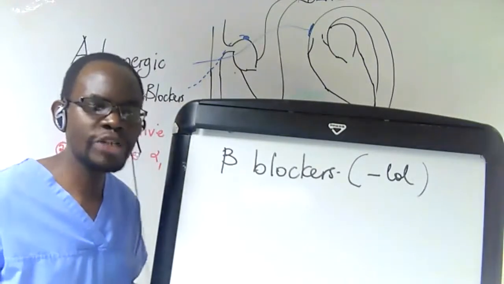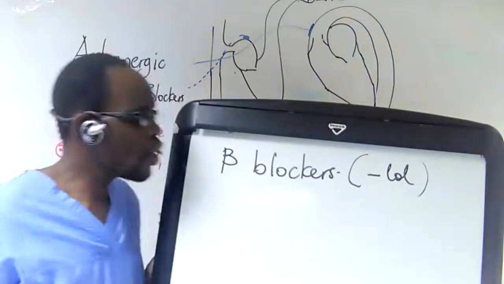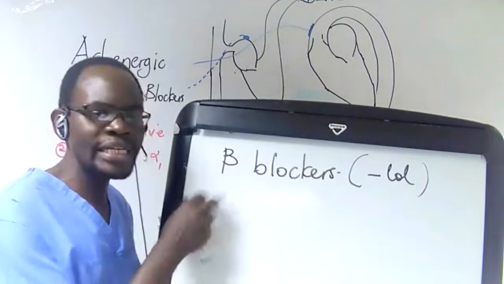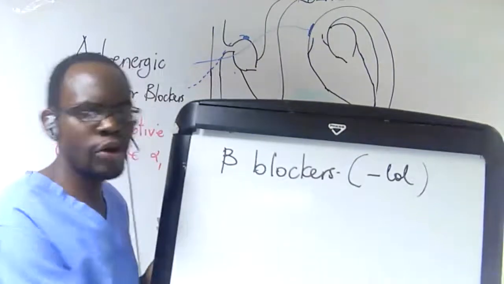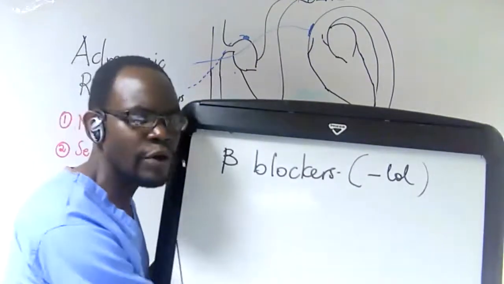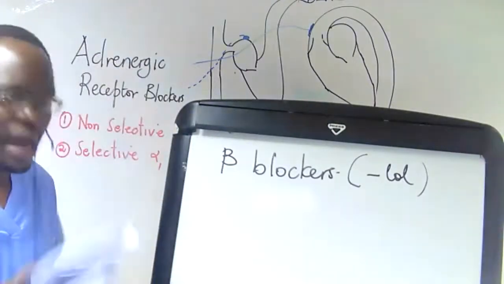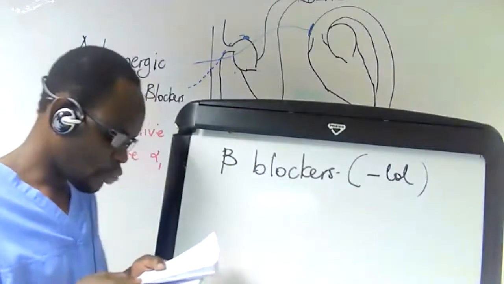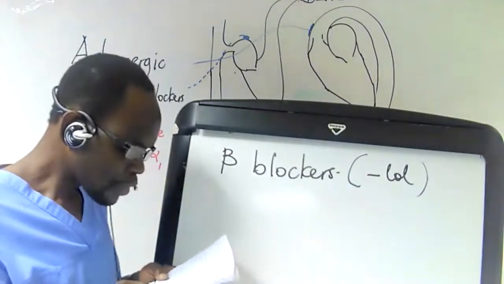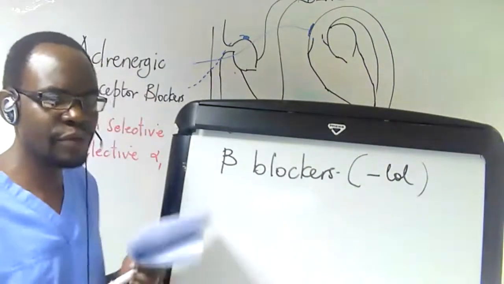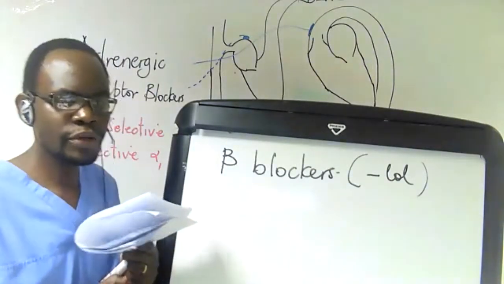We shall talk about that in a minute. So if we give a beta-1 blocker, not only will it inhibit the heart, but also the RAS in the juxtaglomerular apparatus of the kidney. Eventually we shall have a reduction in blood pressure.